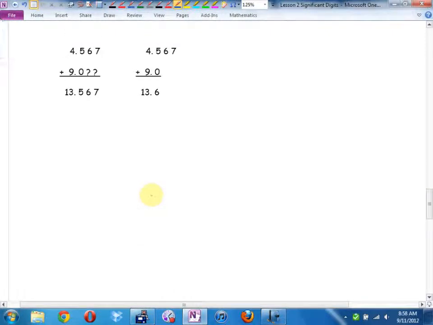Let's try one on your own here. Example 2. 14.389 plus 12.6314 plus 2.58.